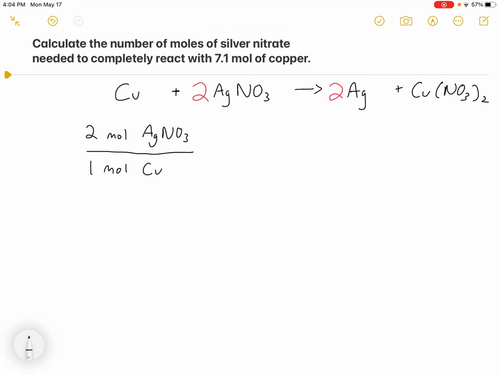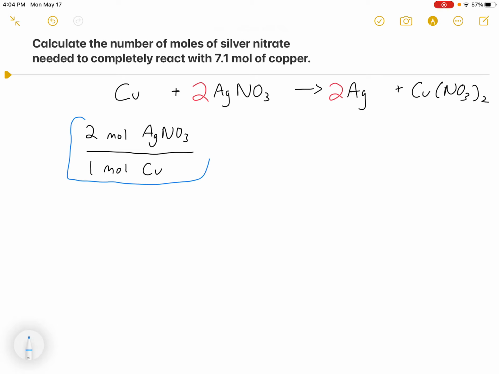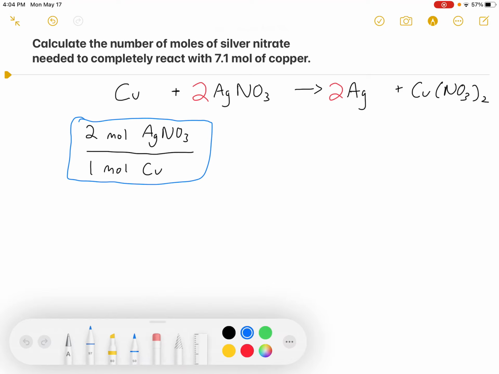So we just know there that there is a 1:2 ratio in the reaction of copper to silver nitrate. So right there, we've already found the equivalent proportion, which we're going to use to determine the moles of silver nitrate we need.